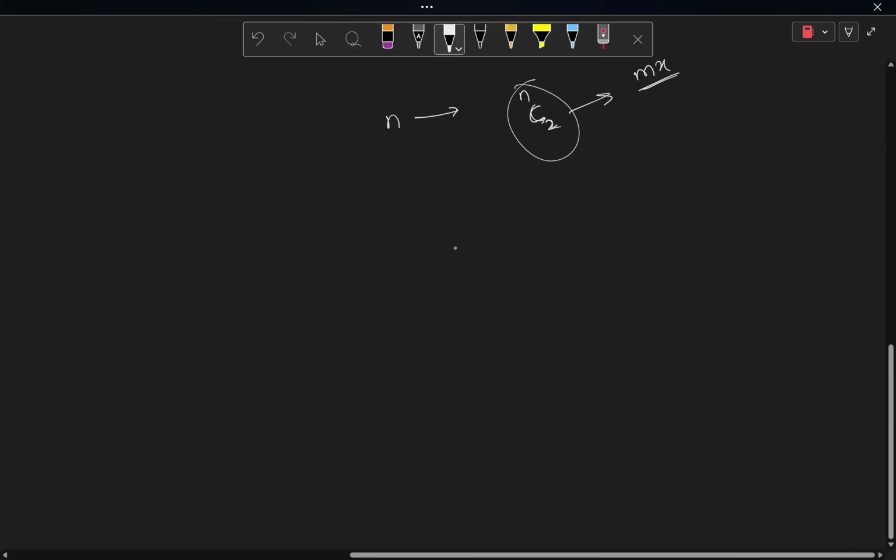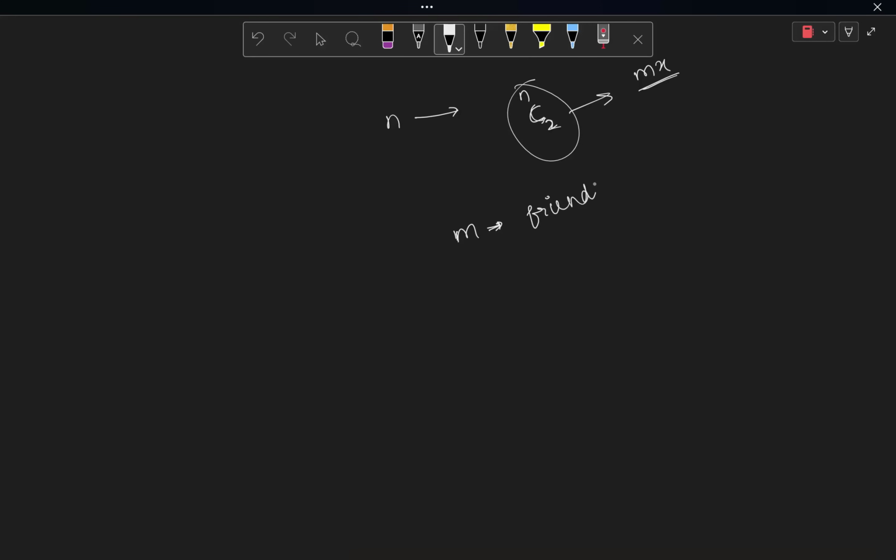There are m pairs of friends. So there is m by mx. This is the probability of the friendship value increasing. The probability of an increase in the friendship value is this much.